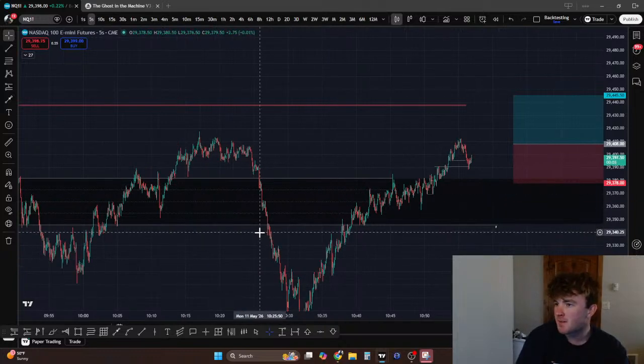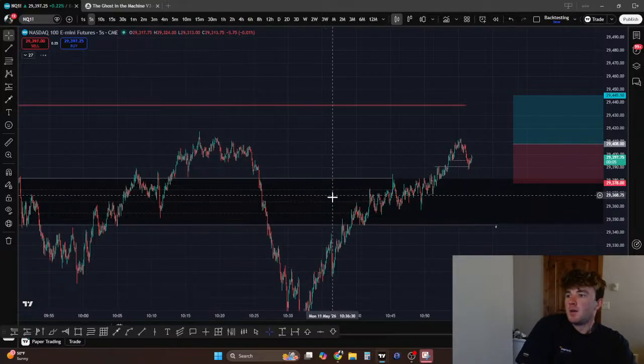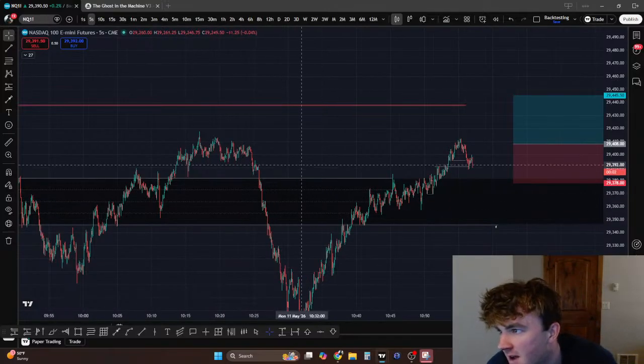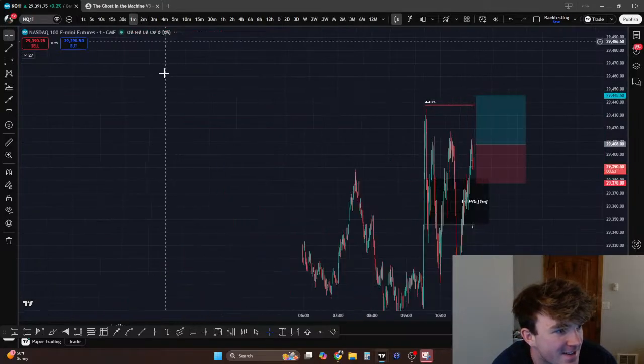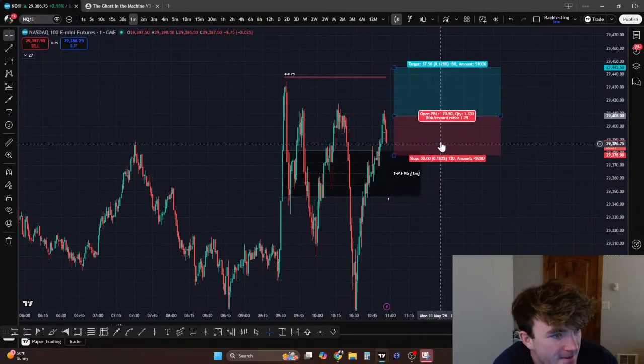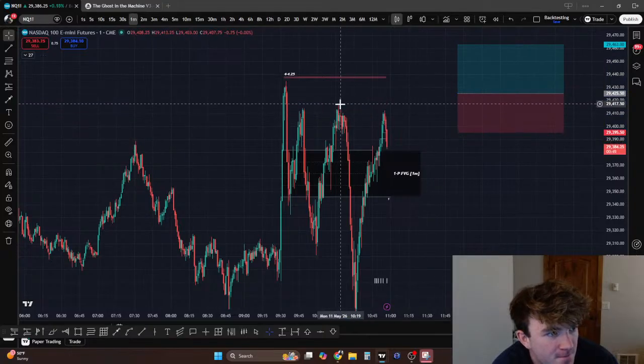There's a bearish SMT, so you could have a point. It might just be high resistance again. SMT with a rejection block there.